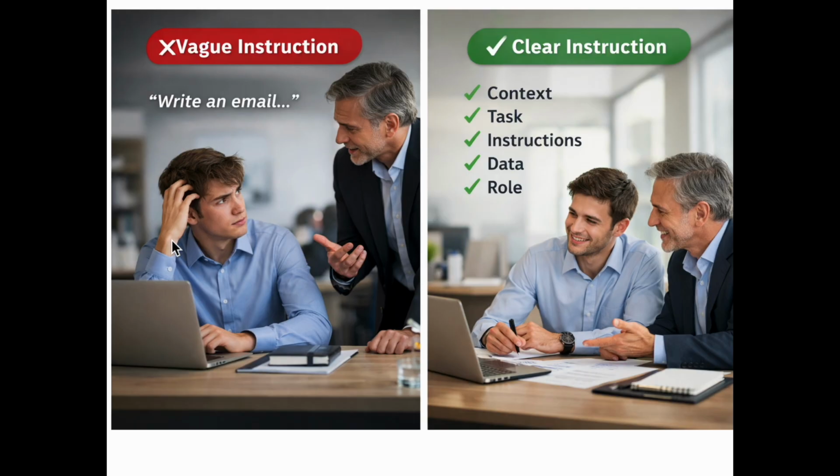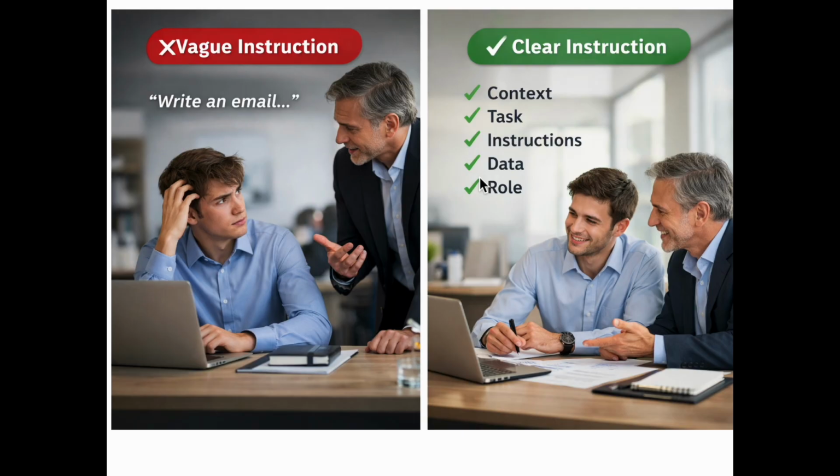But the moment you explain who the email is for, what needs to be done, how it should be written, and who they should act like, suddenly the output improves. That structure has a name. It's called CTIDR. C stands for context, T for task, I for instructions, D for data, and R for role.